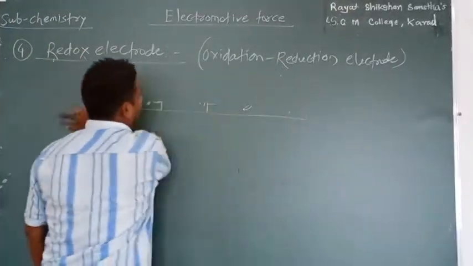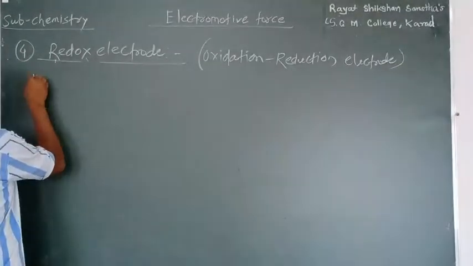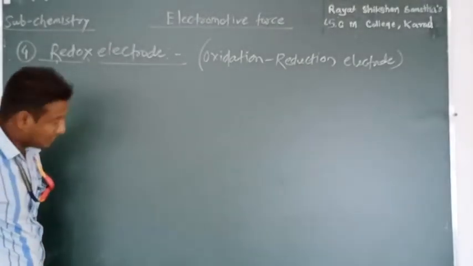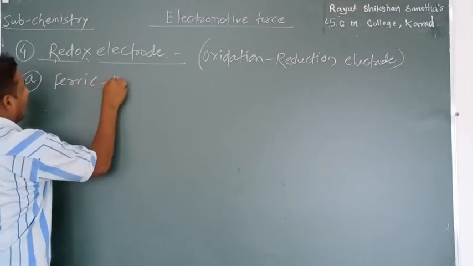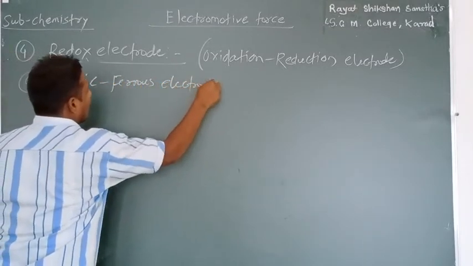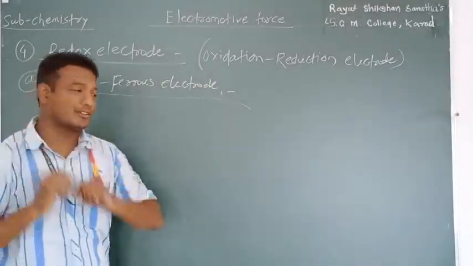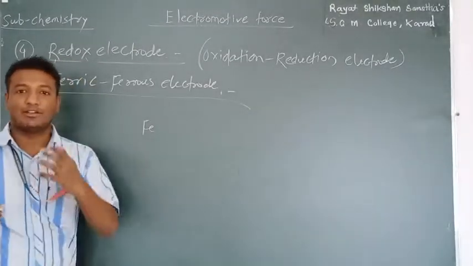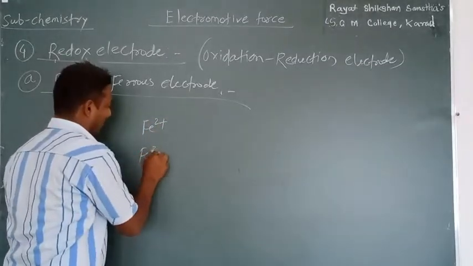First example: ferric ferrous electrode. Sometimes students get confused between the ferric and the ferrous, generally in viva questions or oral questions, during the time of vivas.